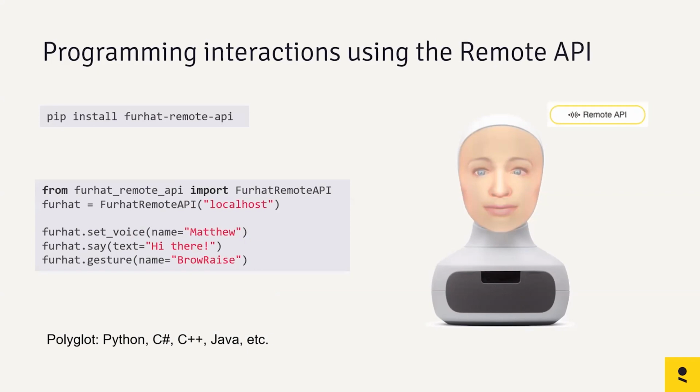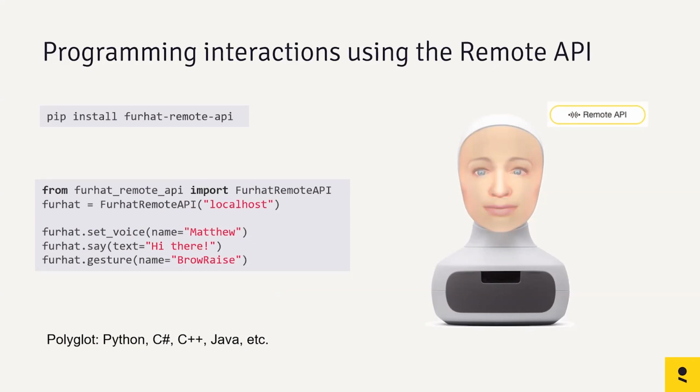For the remote API that I mentioned, you have to enable this functionality on the robot. There's a special function for that. Then the robot goes into a kind of slave mode, which means that it will do whatever you tell it to do. The idea is that you run your program on a laptop, for example, connected to the robot. If you want to use Python, it's very easy. You can see here how easy it is to get started.